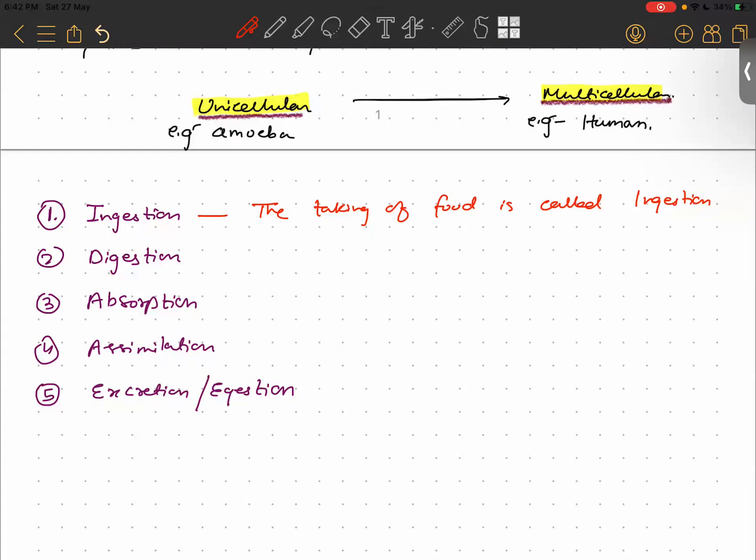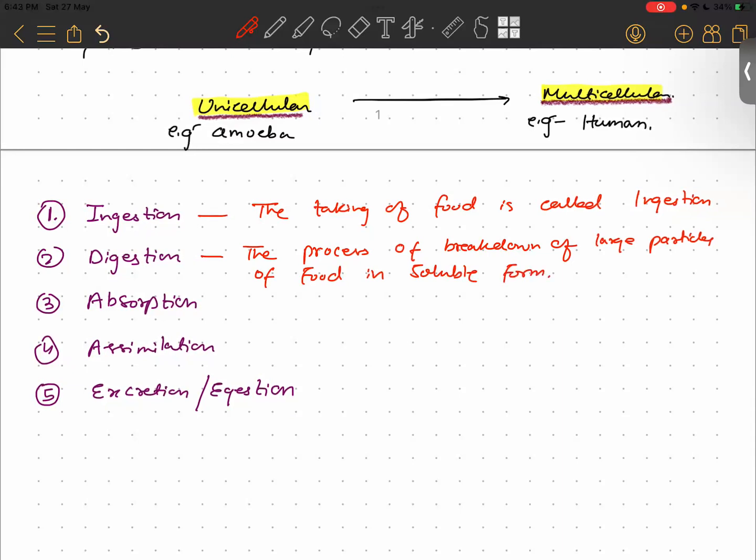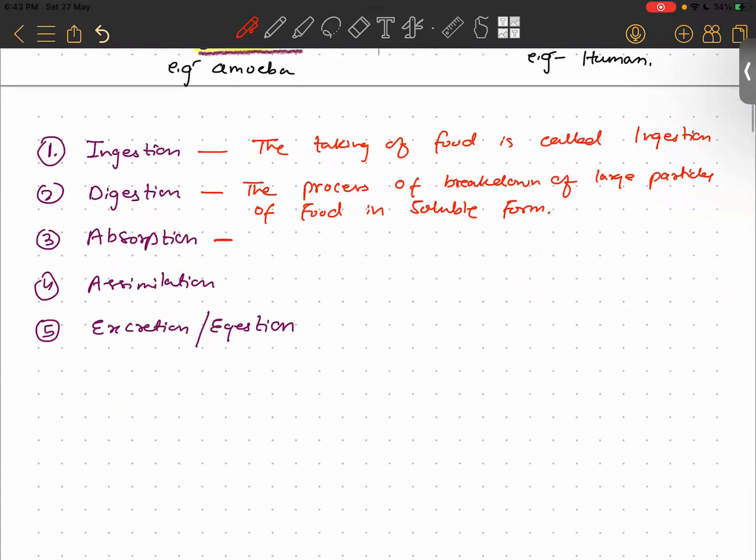So digestion is the process of breakdown of large particles of food into soluble form. The food which we take in has to be broken down into smaller pieces so that our body can absorb it.